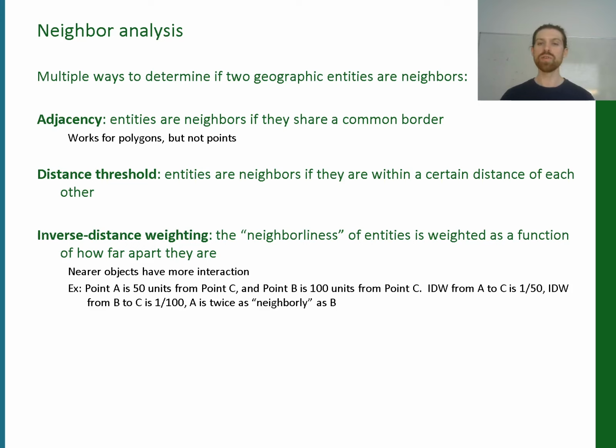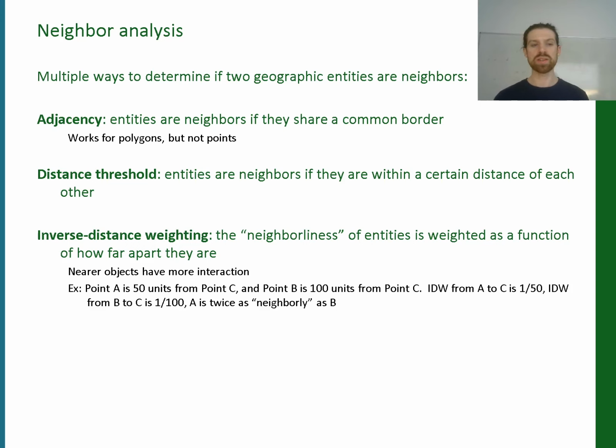Just moving on from spatial autocorrelation, now imagine that we just have a set of spatial points or a set of spatial areas, and we want to understand the level to which there are neighbours within those data points. We could be interested in those items that are adjacent to each other, so entities that share a common border, for example, if these are polygons, not points. So we might be able to specifically measure that.